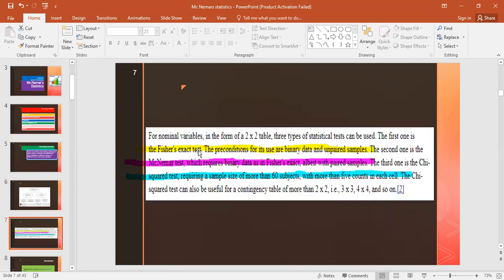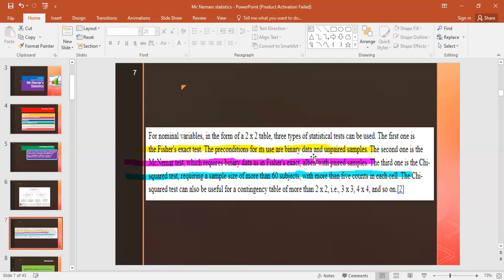For nominal variables in the form of a 2 by 2 table, there are three types of statistical tests that can be used. The first one is Fisher exact test. The precondition for its use is binary data in an unpaired sample. The second one is the McNemar test, which requires binary data as in Fisher exact, but in a paired sample.